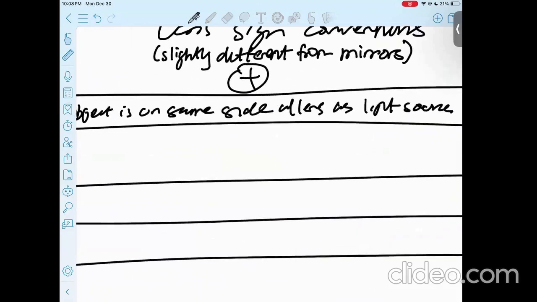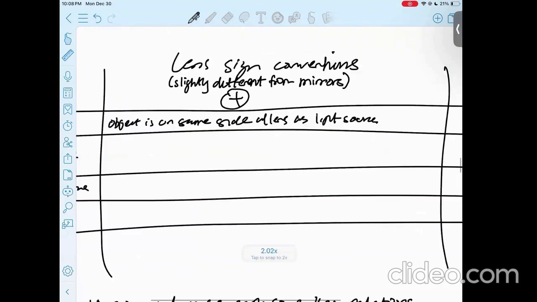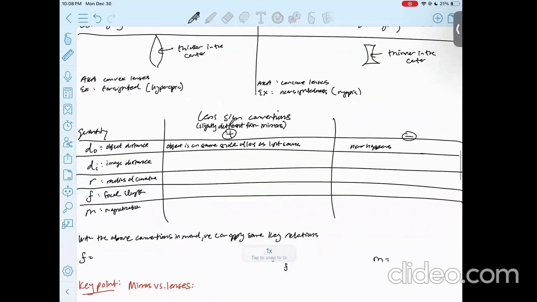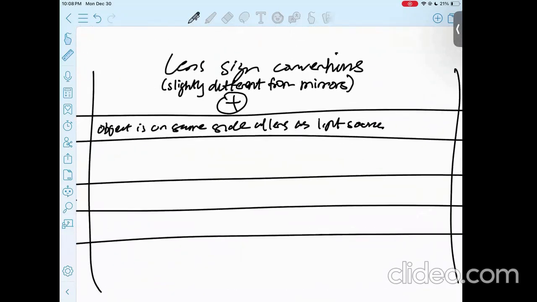Now here's where the difference is. When the image distance is positive, the image is on the opposite side of the lens from the light source.